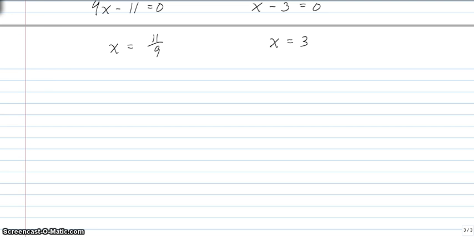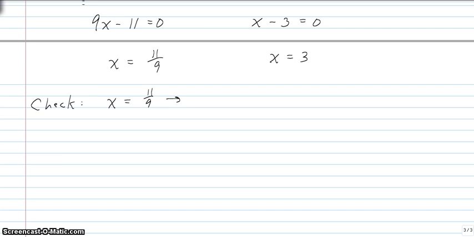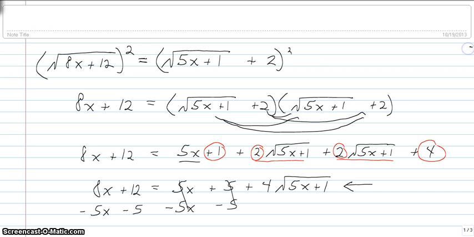And then of course we have to remember to check. So let's start with 11/9. I'm going to plug that back into the original equation back at the very top, before I did any squaring or rearranging.